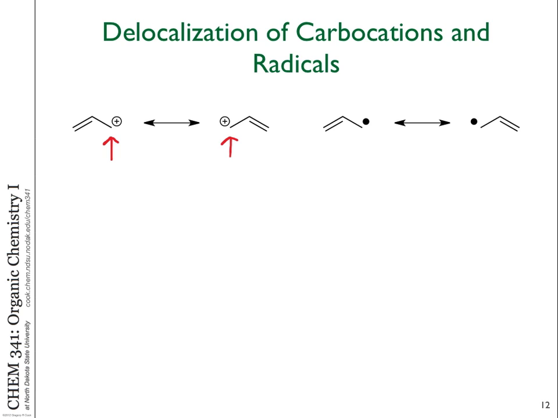So if this plus charge is an empty orbital, and there are 2 electrons in the double bond adjacent to it, you could move those 2 electrons over to form a new double bond and then leave the other end of the carbon deficient. And that gives the plus charge over on this side, and then those 2 electrons are here. Okay, and back. So you can draw resonance forms for carbocations, which are adjacent to pi bonds.